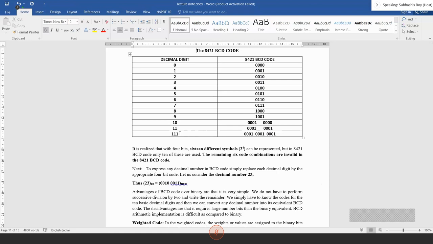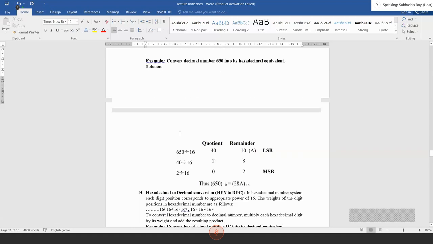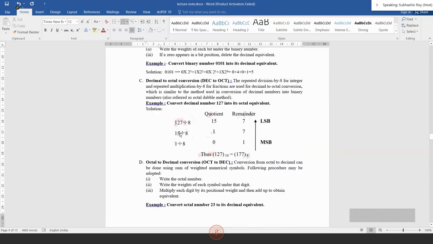You cannot, because you have to take the help of the two methods that I already described in my previous class. You have to use one of those methods and calculate the corresponding binary combination. Is it right? If I say just convert triple one to binary, can you do it quickly?